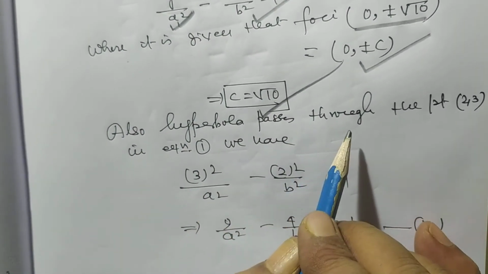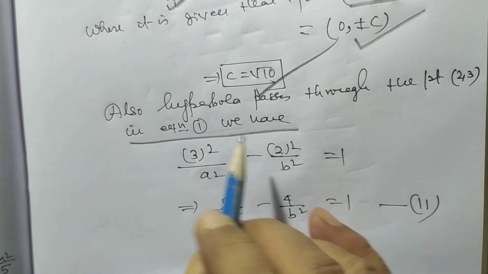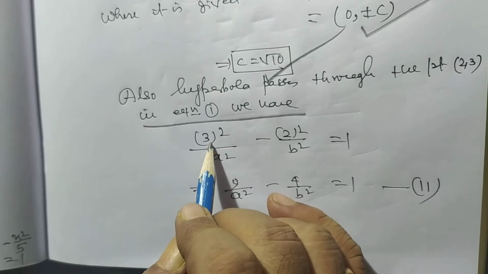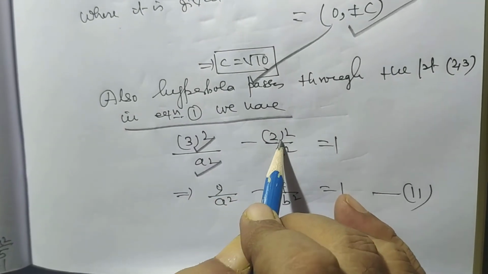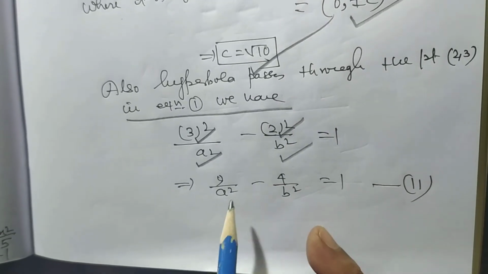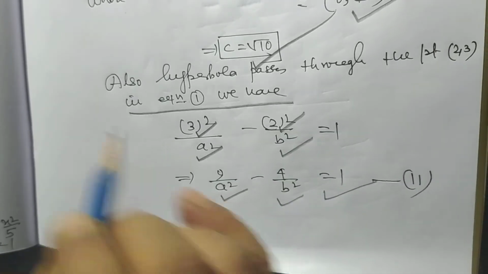Also the hyperbola passes through the point 2, 3. In equation first, instead of x we put 2 and instead of y we put 3, that is 3 square by a square minus 2 square by b square is equal to 1. So 9 by a square minus 4 by b square is equal to 1.